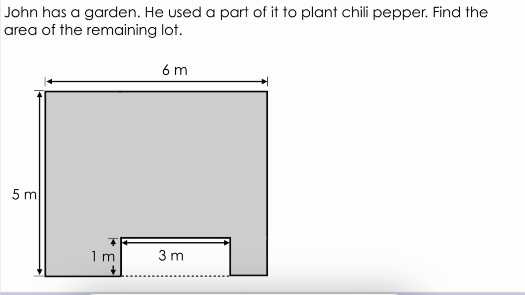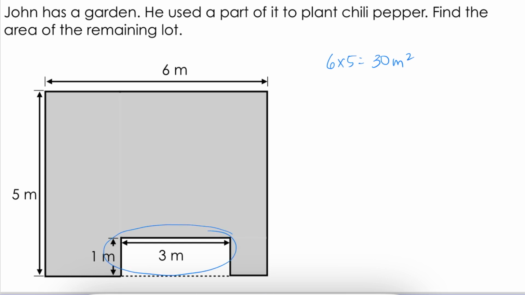Alright, so I think the best way to solve this is to find the area of the big rectangle and then remove the area of that part that you planted chili pepper on. Okay, so the area of the big rectangle is 6 by 5, 30 square meters. So that is the area of the whole garden.